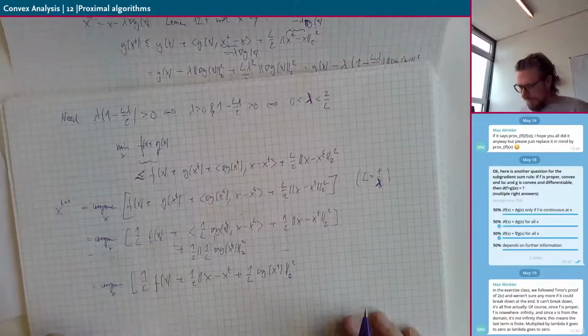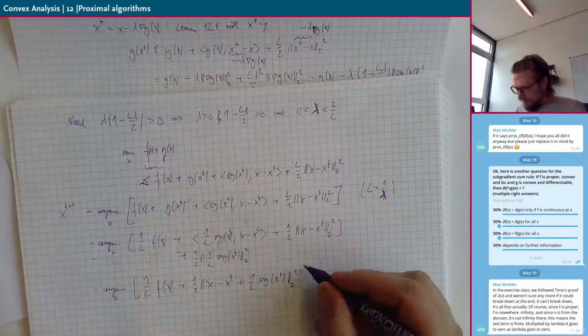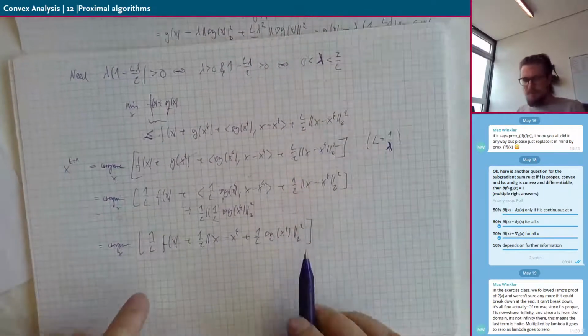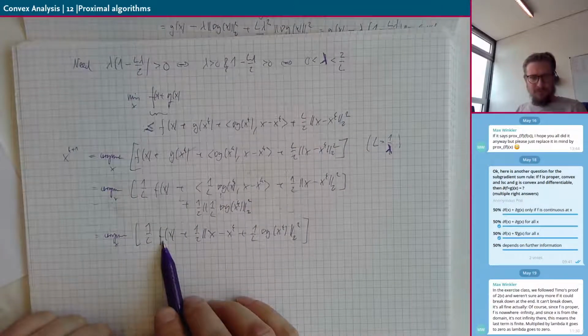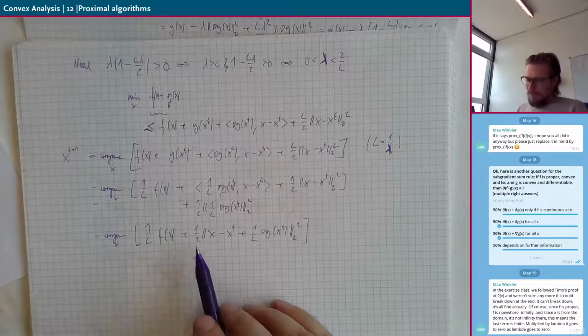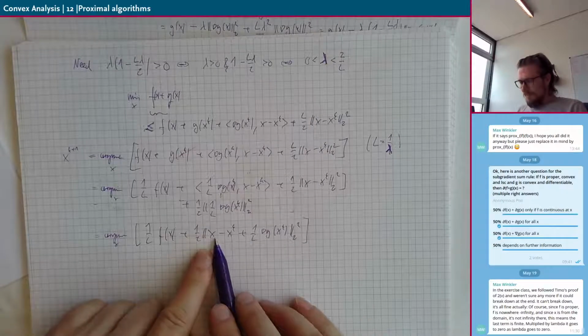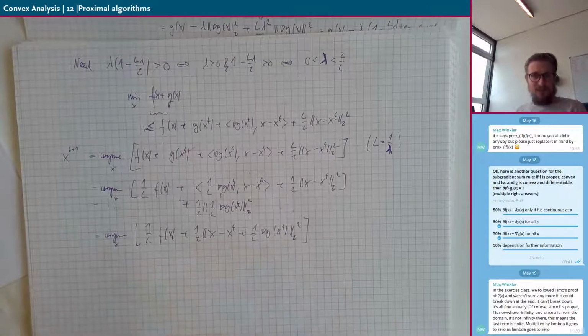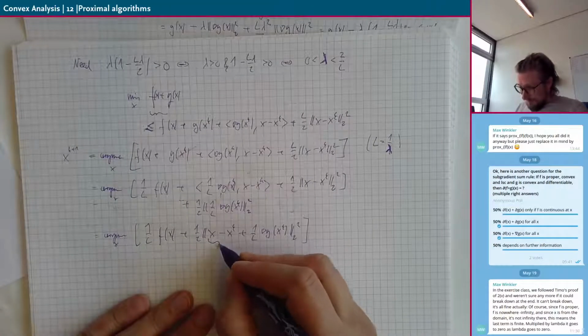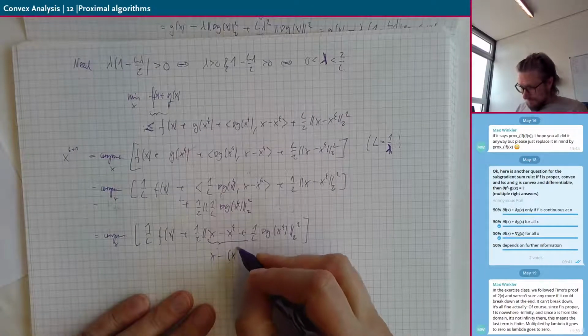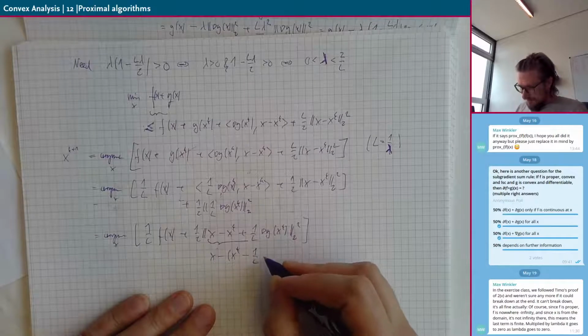Okay, and you're probably going to recognize what we have here. What we have here is minimizing a convex function times a constant plus the squared distance from x to something. That's the prox. This here is actually the same as x minus xk minus 1 over L gradient g of x.